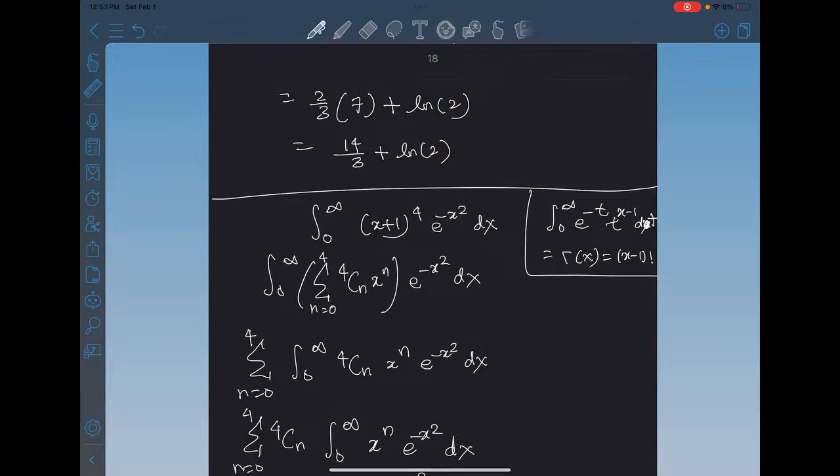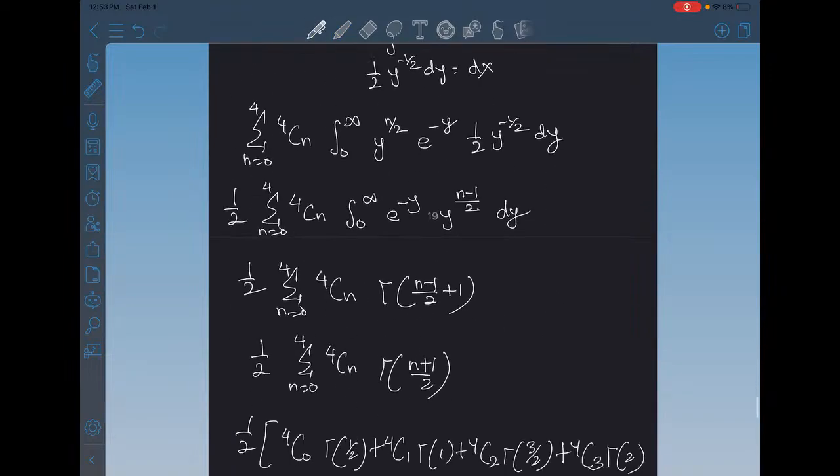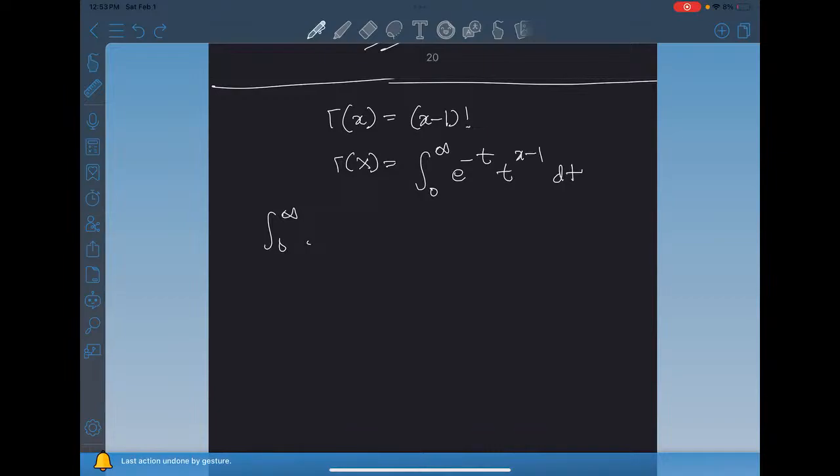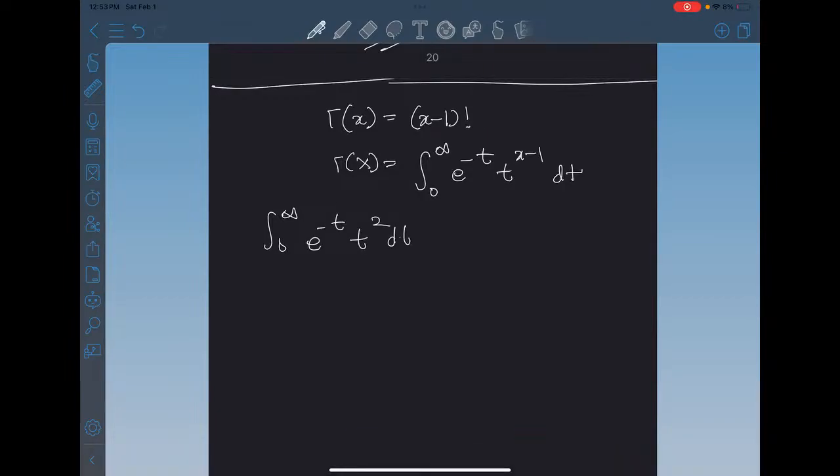Now let me show you some examples that might clarify. Let's say I take the integral from 0 to infinity of t squared times e to the power minus t dt. This is actually gamma of 3, which is also 2 factorial.